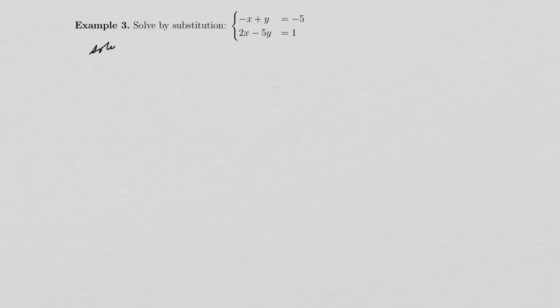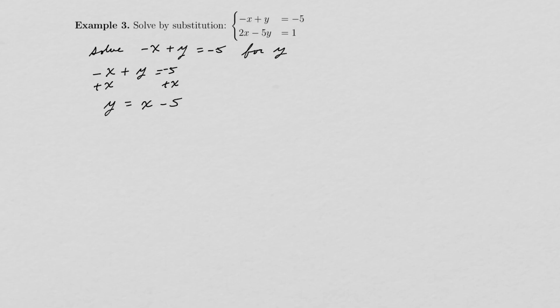So I'm going to solve the first equation for y, because it's pretty easy to find that. In fact, all you have to do is add x to both sides. So if I add x, I'm going to get y is equal to x minus 5.